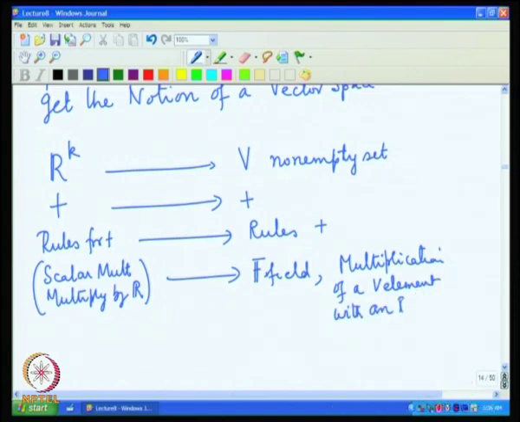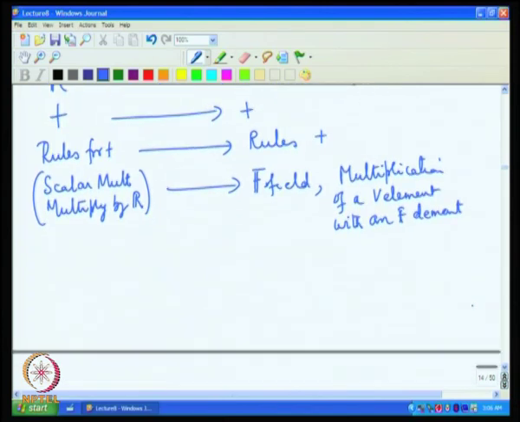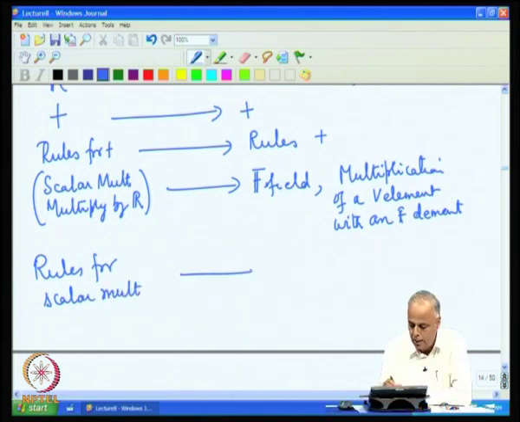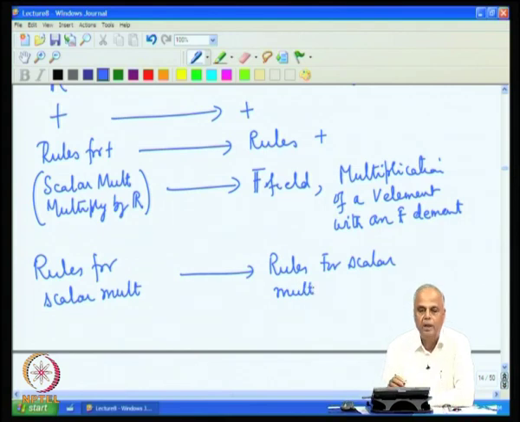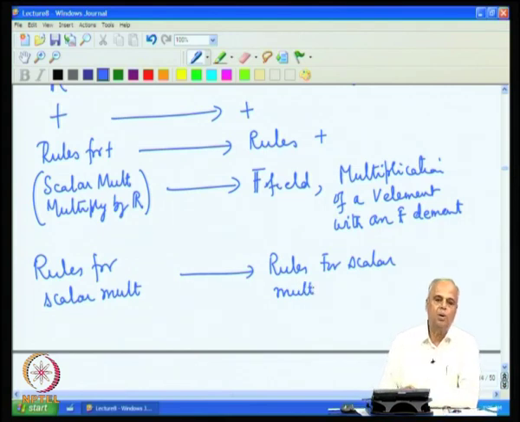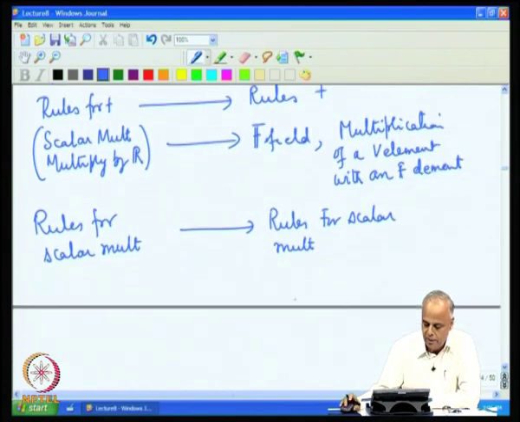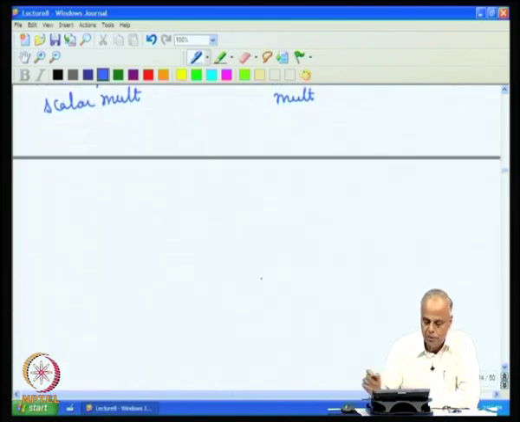This is the generalized version of scalar multiplication, and then we had the rules for scalar multiplication, and that has to be generalized as rules for scalar multiplication. When we do all these generalizations, we get the notion of an abstract vector space. So, we shall now give this formal definition of a vector space.